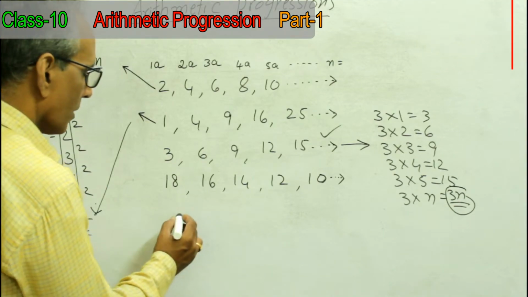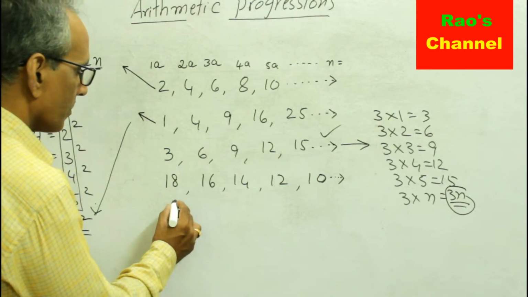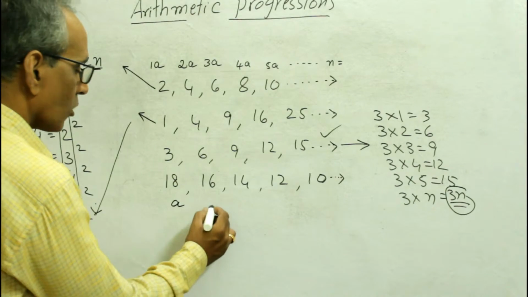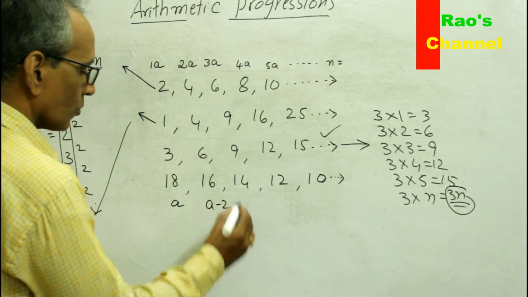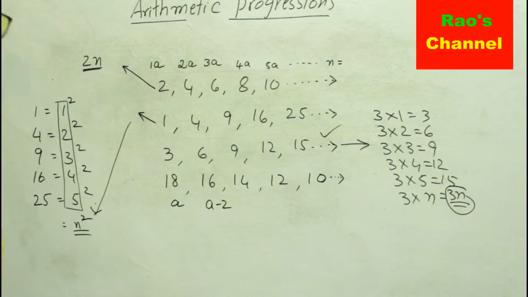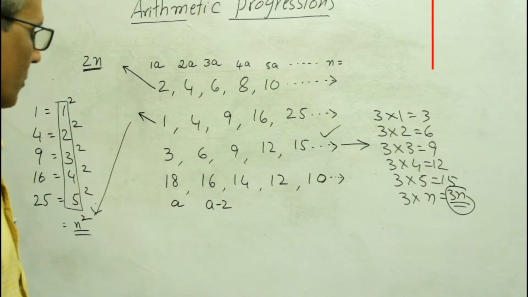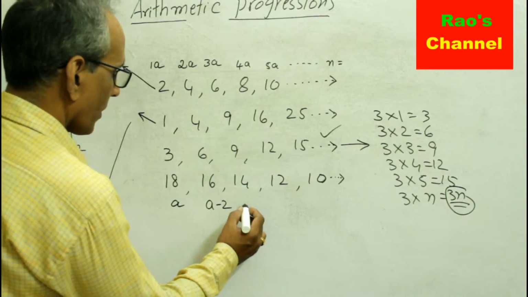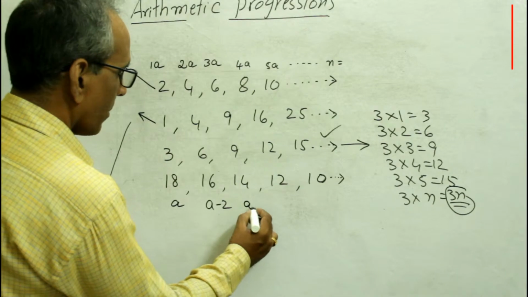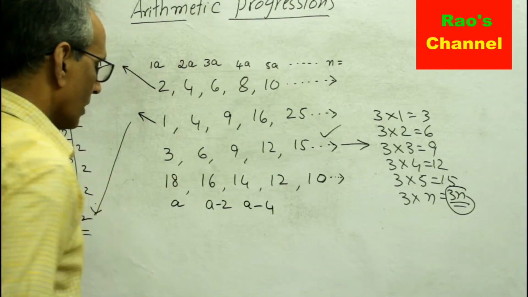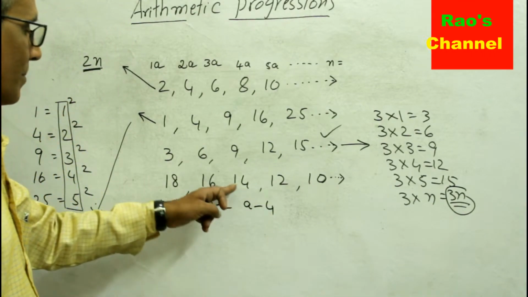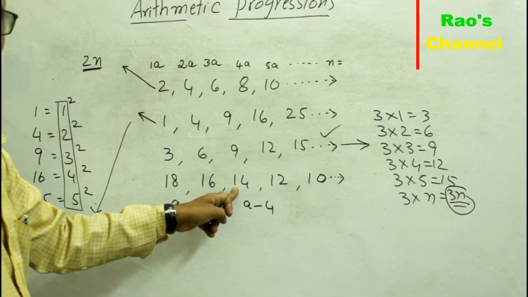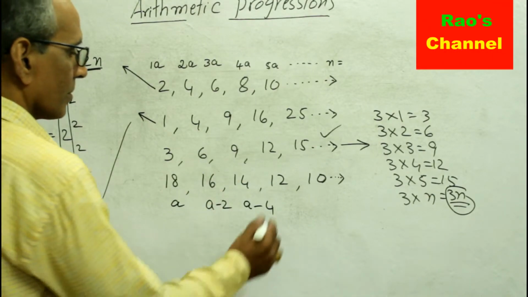Here, first member is A, second number is obtained by subtracting 2. Clear? So 18 minus 2. And third member, A minus 4. See, 18 minus 4 is 14.